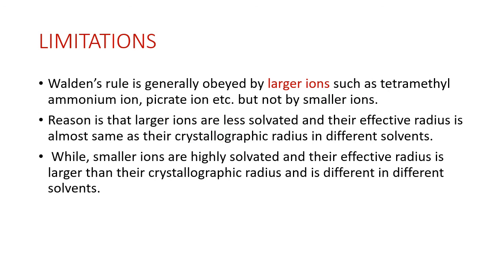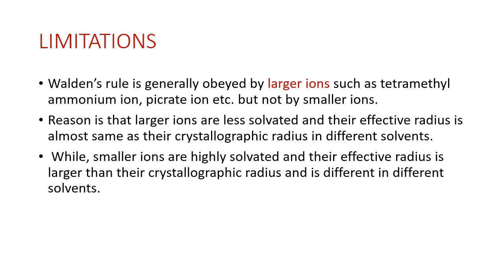One of the limitations of Walden's rule is that this rule is generally obeyed by larger ions such as tetramethyl ammonium ion, picrate ion, etc., but not by smaller ions. The reason is, in the case of larger ions, they are less solvated, so their effective radius is almost the same as their crystallographic radius in different solvents.